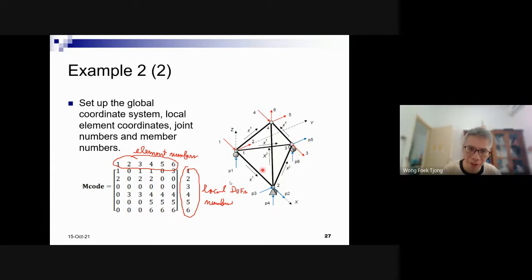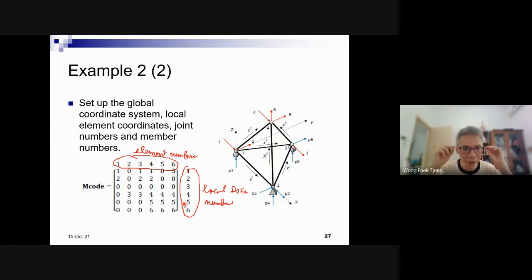So this is this one. Element number 4 is 1, 2, and 1, 2, 1, 0, 2. Element number 1 is 1, 2, 0 in the X, Y, and this is 0, and 4, 5, 6. Element number 4, all 0 here. Number 6, 5, number 5, number 6, this one, and to this one.